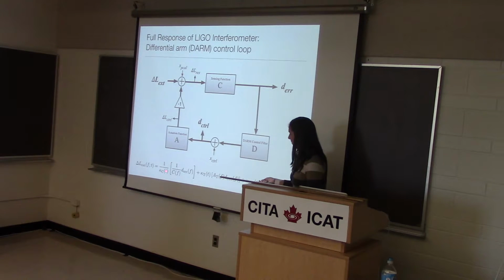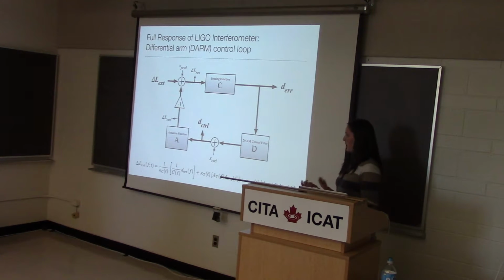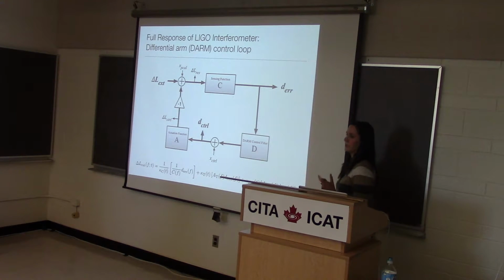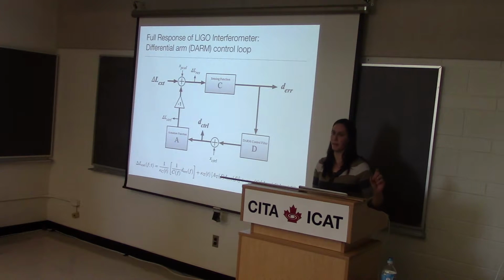You'll notice that what is not here is the fact that the cavity pole in the sensing function is a function of time. That's a little more complicated than just a simple gain because these gains are just real number time series that we can multiply our filter data output by and compensate for that way. The cavity pole varying in time means that we need to have a filter that is updated in time and smoothly incorporated into the calibration.